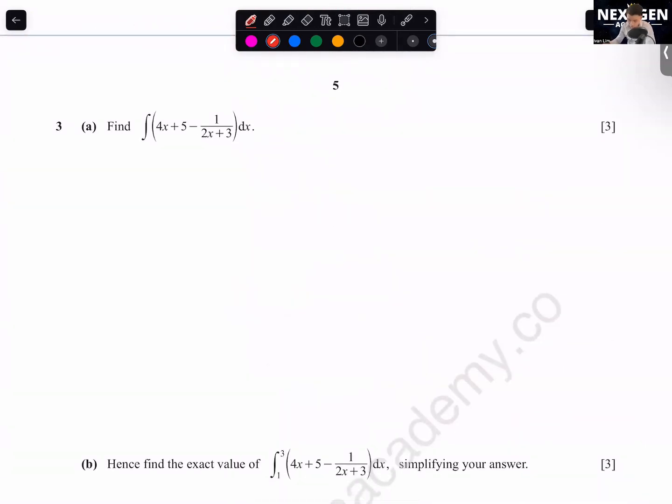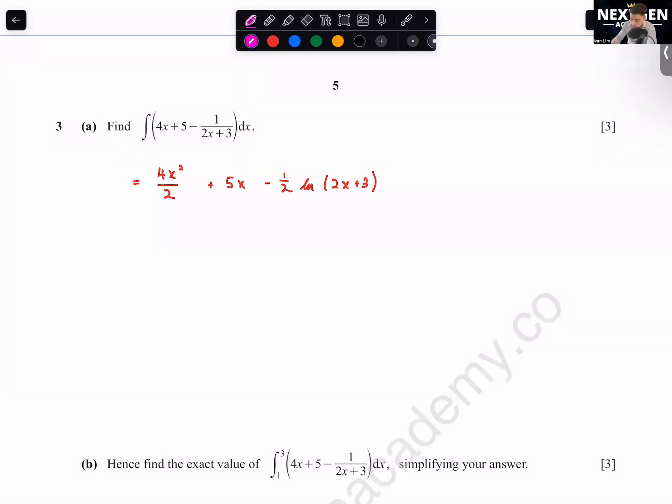Question 3a. Find the integration of this equation here. So 4x, just the normal power rule. You add the power, divide by the new power. If 5, you just have 5x. When you have x at the denominator, x to the power of 1, this is what students often miss, is your ln. So 1 over 2 ln(2x plus 3).